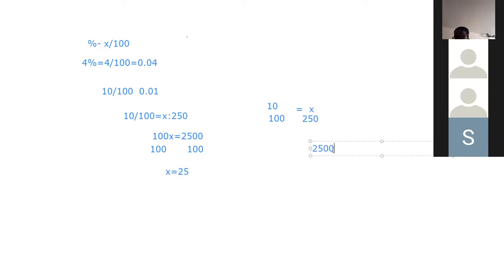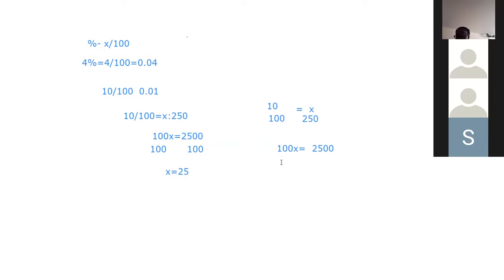And that equals 100X. Okay, 100X equals 2,500. Divide both sides by 100, you have the same thing. So you can set it up as a ratio with the dots and do means and extremes, or you can set it up as a fraction and cross multiply and then divide. There's two different ways to do that.